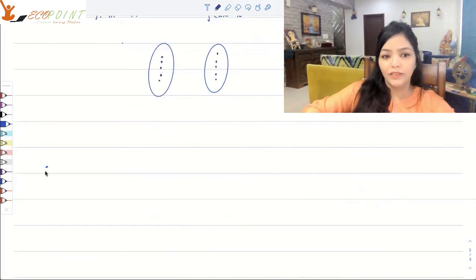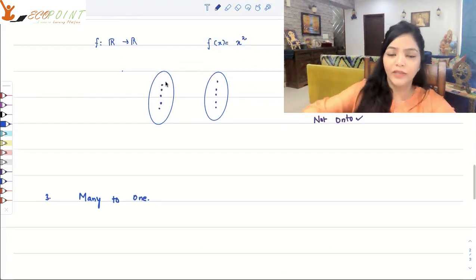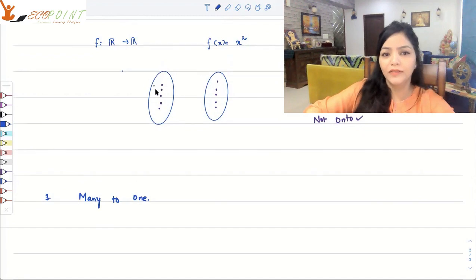Third thing that I want to talk about are the many to one functions. So the previous example, x square getting mapped. Minus 1, 1, minus 2, 2, minus 1, 1. They're getting mapped to just 1. Minus 2, 2. They're getting mapped to 4. And so on and so forth.